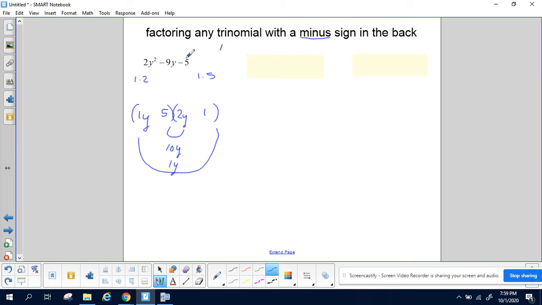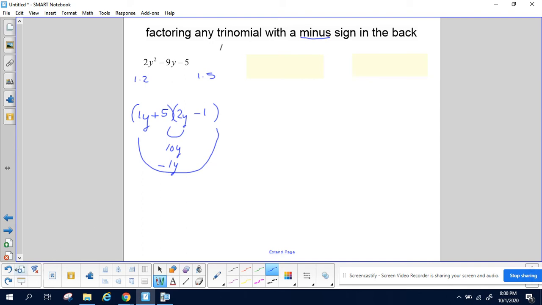And I know that I'm going to have 1 of each symbol. So is it going to be plus, minus, or is it going to be minus, plus? We can just do trial and error here. If I put plus, minus, 1y times -1, and 5 times 2y positive, when you put these together, do you get -9y?